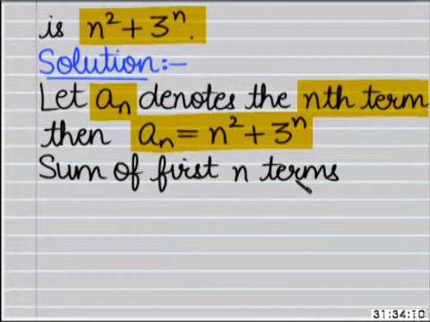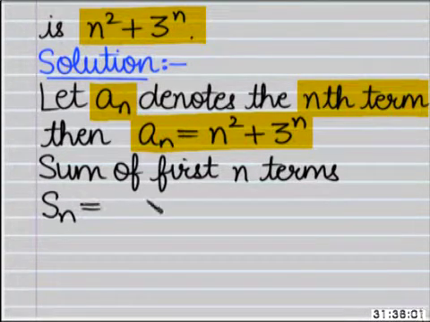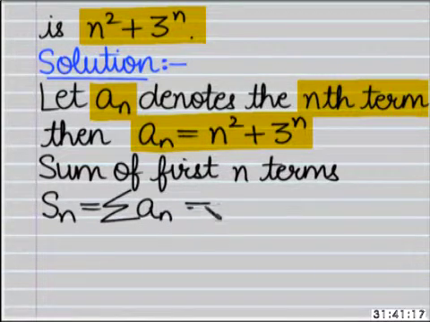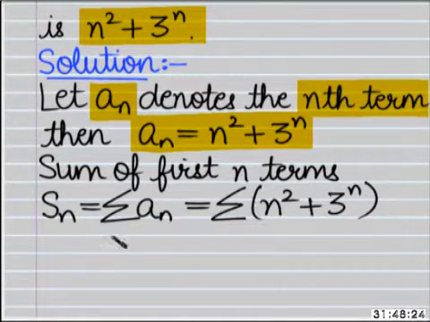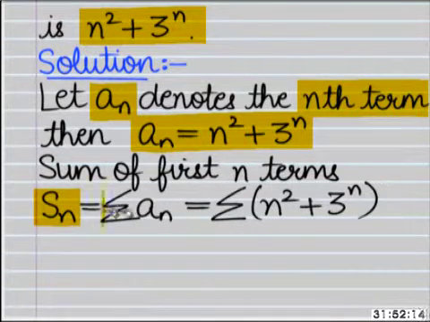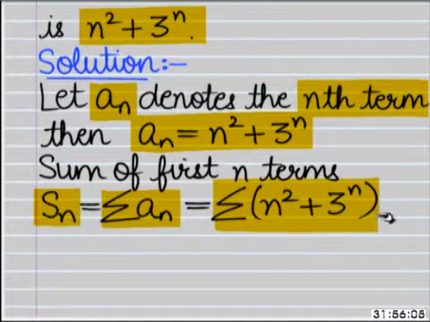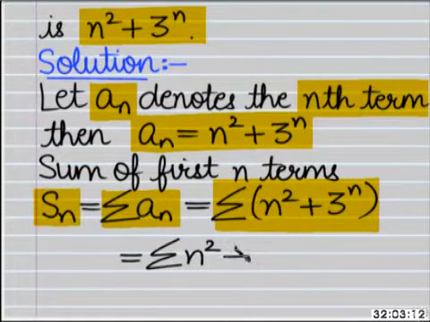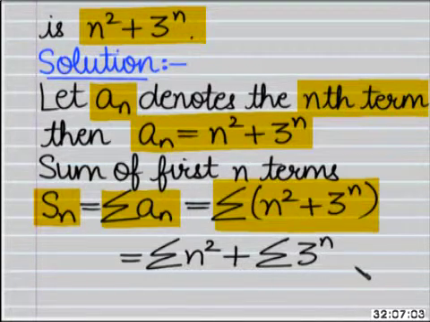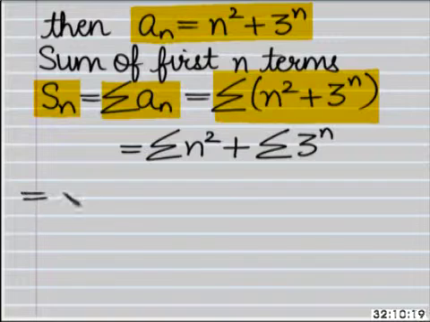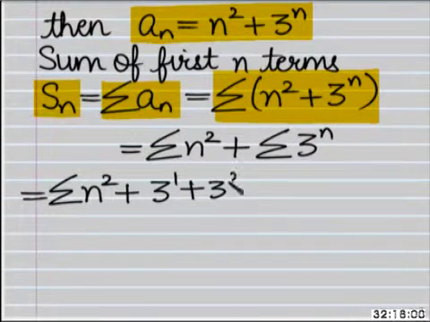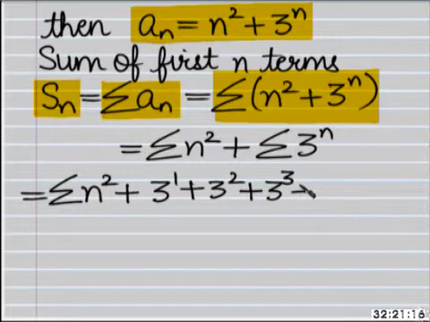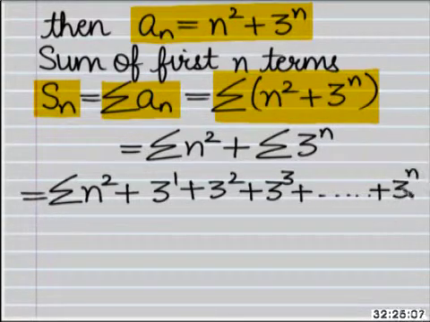Then the sum of first n terms, that is Sn, which is equal to summation of an, will be equal to summation of n square plus 3 raised to the power n, which is equal to summation of n square plus summation of 3 raised to the power n, which can also be written as summation of n square plus 3 raised to the power 1 plus 3 raised to the power 2 plus 3 raised to the power 3 plus so on up to 3 raised to the power n.